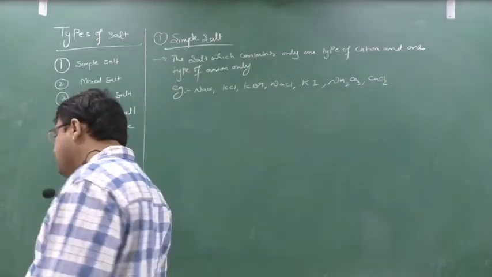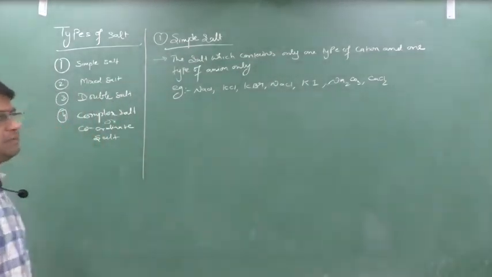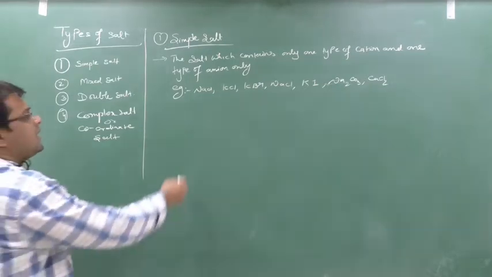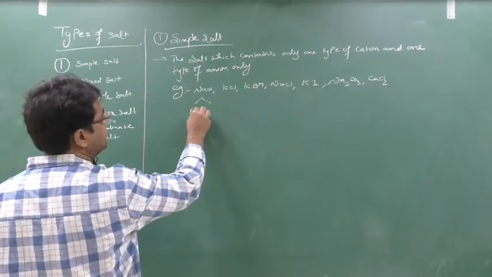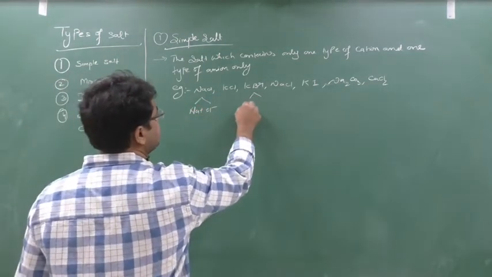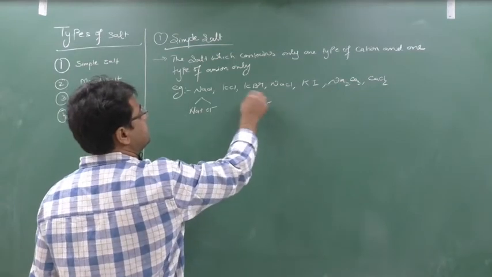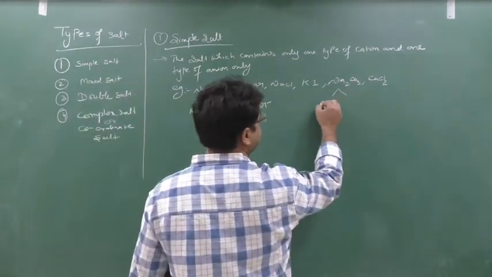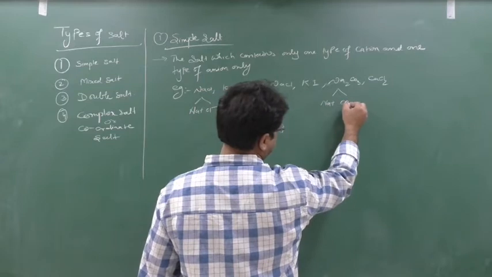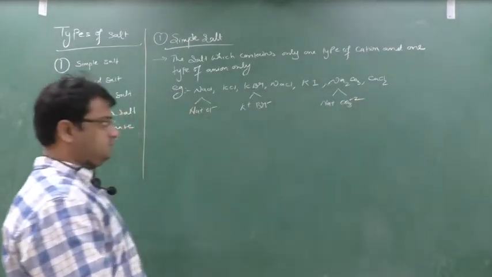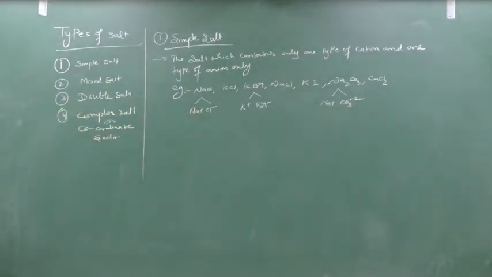Clear? And they ionize completely in water, forming one cation and one anion, like this: Na plus Cl minus, K plus Br minus, K plus Cl minus, Na plus CO3 2 minus, etc. Clear? So this we call a simple salt.